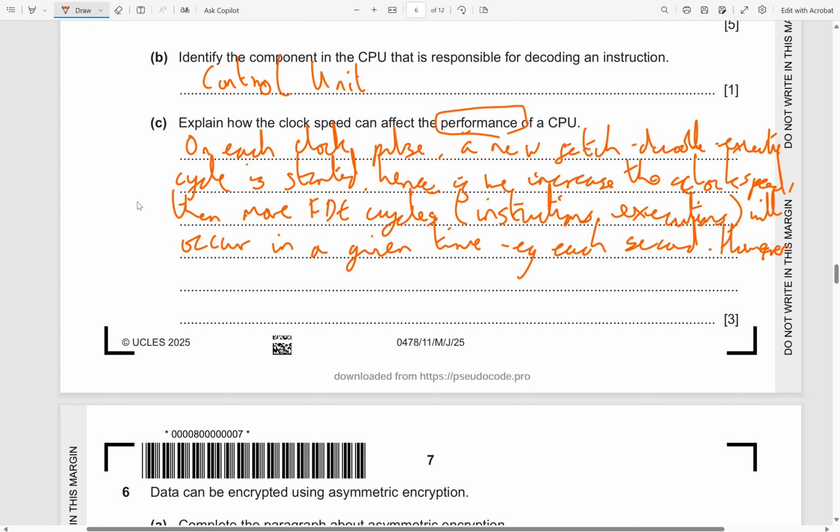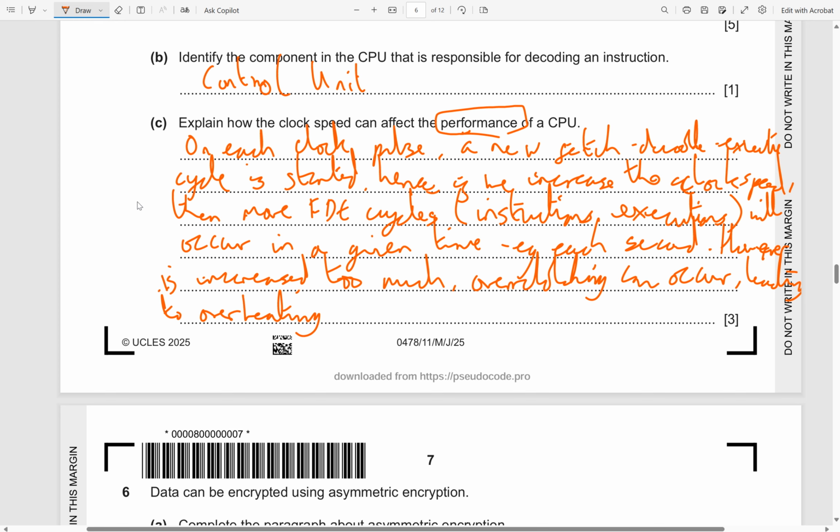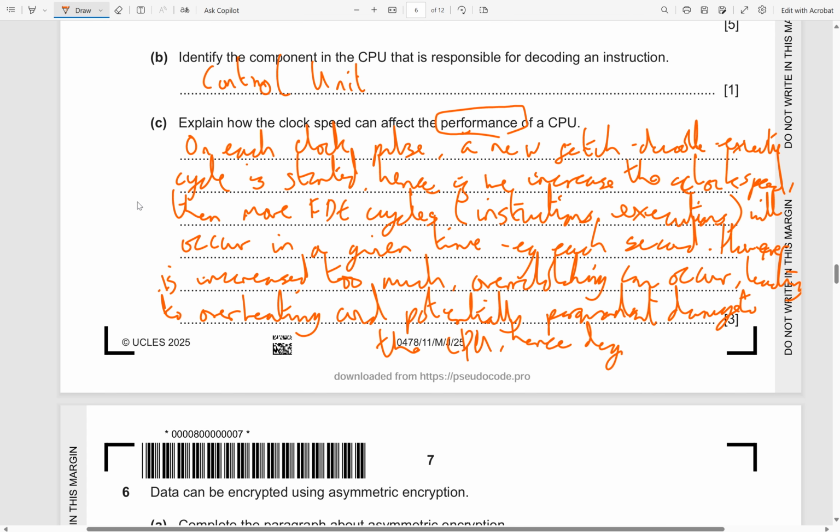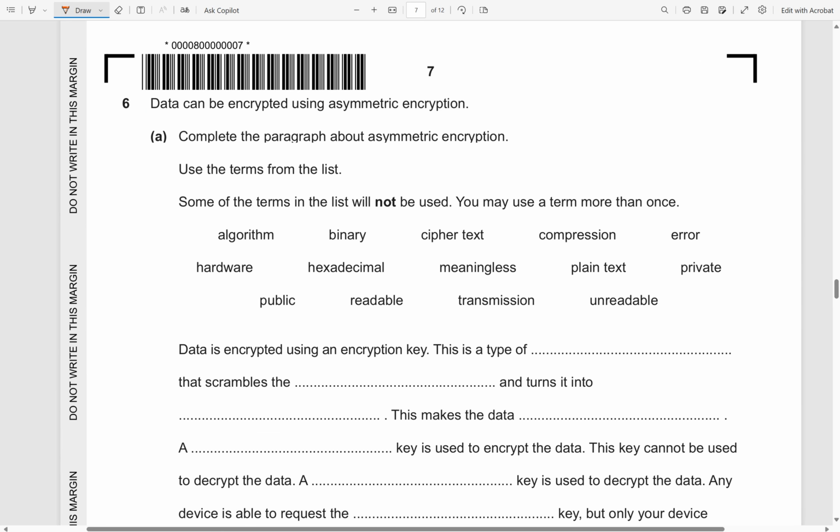Let's say, however, if increased too much, overclocking can occur, leading to overheating, and potentially permanent damage to the CPU, hence degrading performance in the long term. That should be okay.